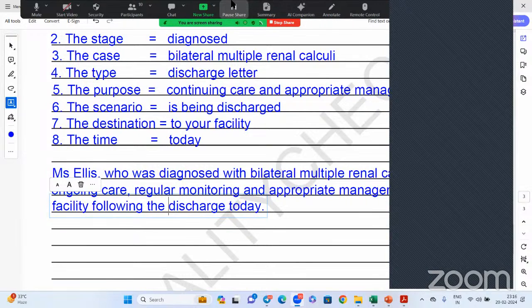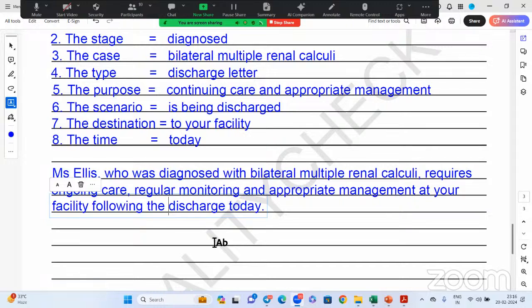Learn to write your own style. There are multiple styles you can write. Okay, this is the way how you can write a solid introduction. Miss Ellis was diagnosed with bilateral multiple renal calculi.